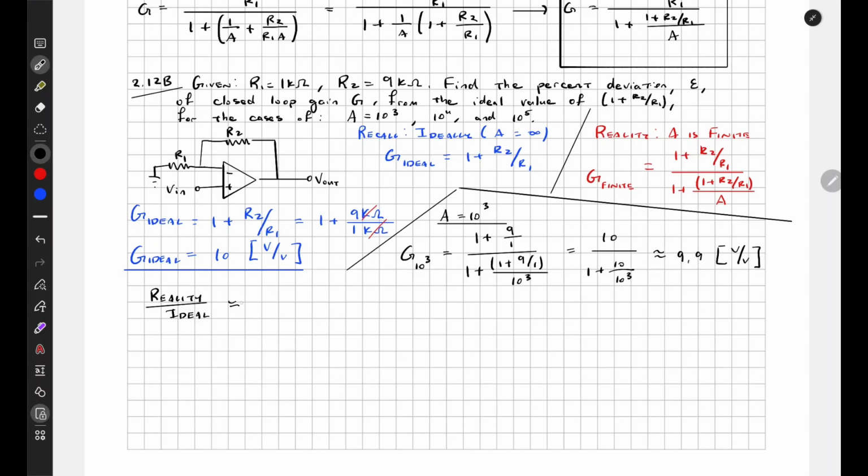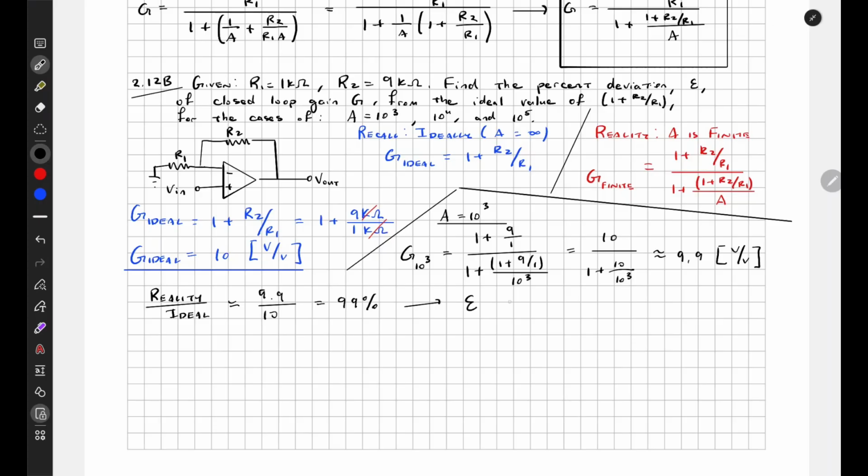The reality value is 9.9 and the ideal value is 10. So this is equal to 99%. So 99% is 1% away from the perfect 100%.